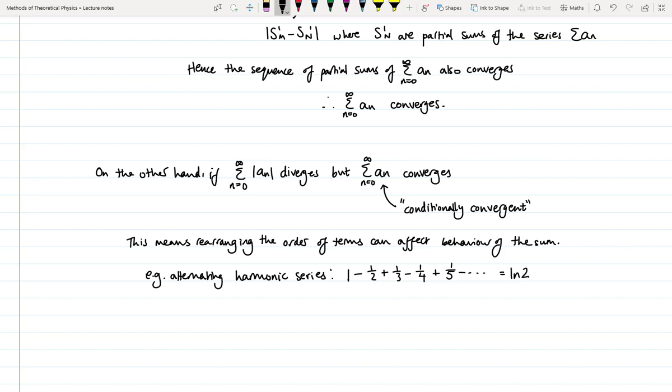If instead we shuffle terms around and we try 1 plus 1/3 minus a half plus a fifth plus 1/7 minus a quarter and so on, this converges to 3/2 of ln 2. So for conditionally convergent series, the order of the terms matters.